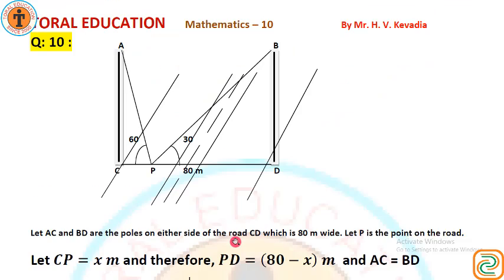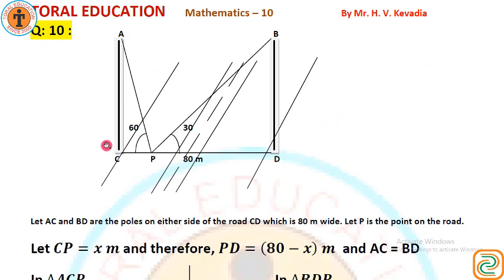Now question number 10. Here is the road. Two poles of equal height, pole AC and BD, are standing on either side of the road, which is 80 meter wide.